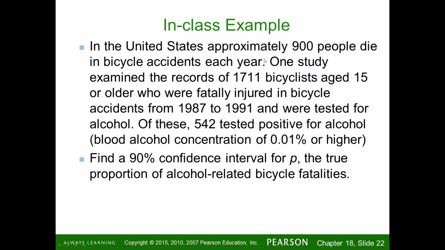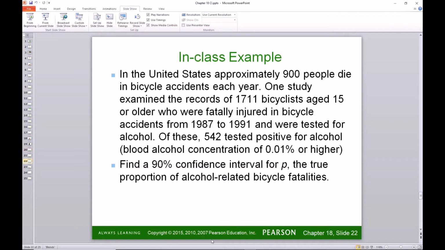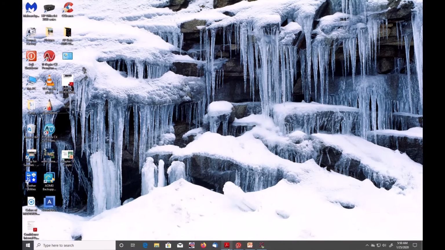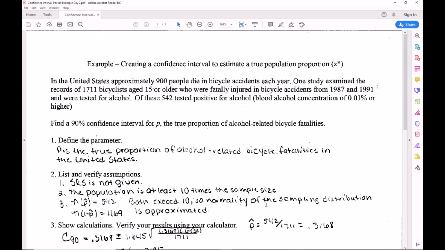Okay, so this is, I believe, in your packet on page 5. So I've got that on standby here, so let's pull it up. Here it is. This one is going to be a little bit strange. It's about people having fatal bicycle accidents, and drinking. In the US, about 900 people die in bicycle accidents each year.